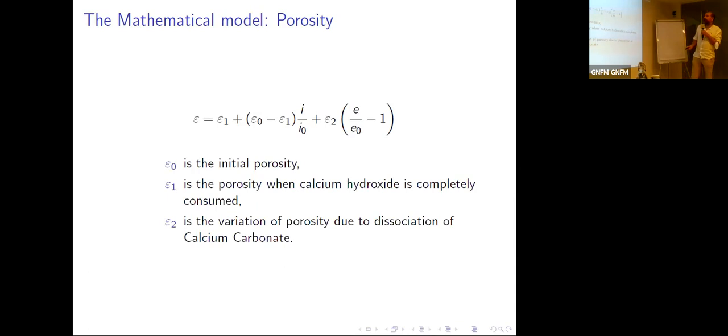In particular, of these three constants, epsilon 0, 1, and 2, epsilon 0 is the initial porosity. Epsilon 1 is the porosity when calcium hydroxide is completely consumed, so in the completely carbonated region. Epsilon 2 takes into account the variation of porosity when calcium carbonate is soluble.